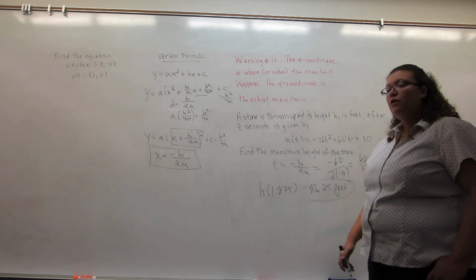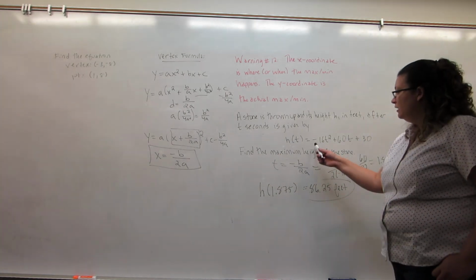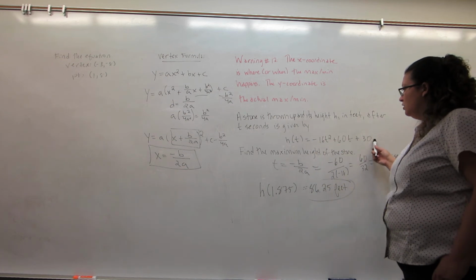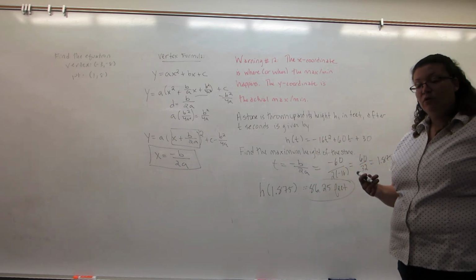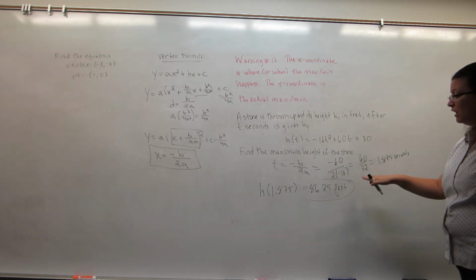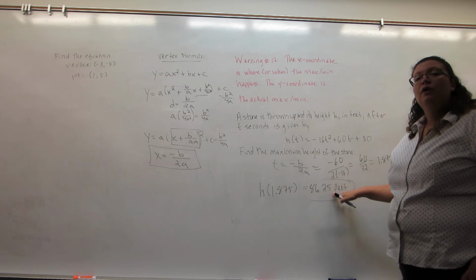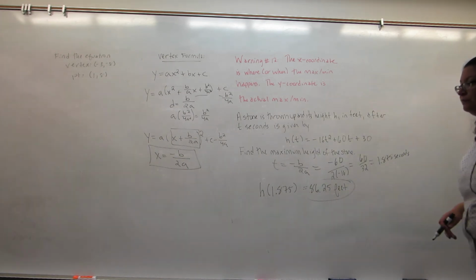If you go to your calculator and you go to the y equals menu, you plug in this equation into the y equals menu as if you were going to graph it. And then you go to the table and enter in this 1.875, and it will output for you the y-coordinate without you actually having to do the calculations.